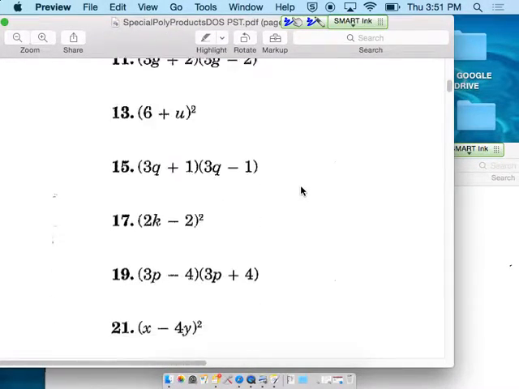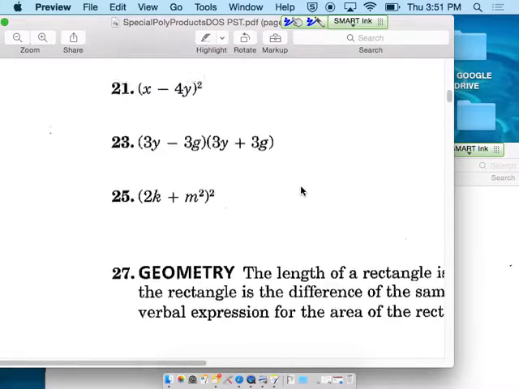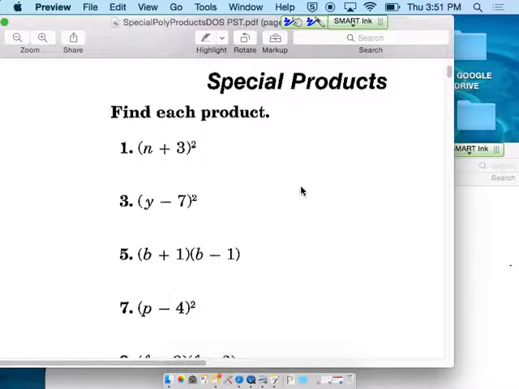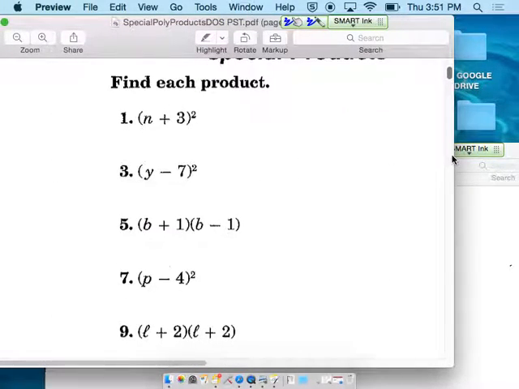So here I have, and I believe this is page 103. Okay, so on page 103, you can see the way the problems are presented with the notation n plus 3 squared. So to expand this properly, this is what you need to do. And here I have y minus 7 squared.